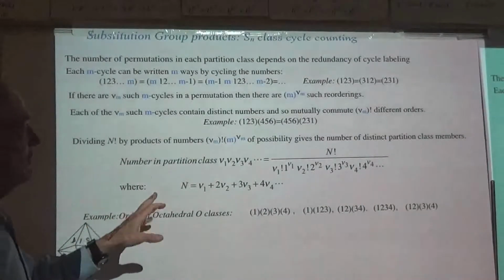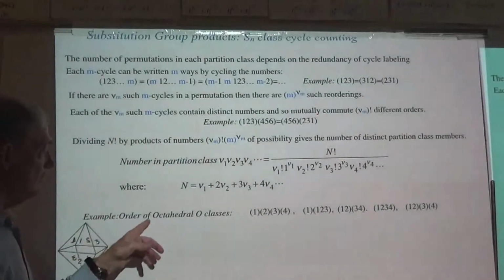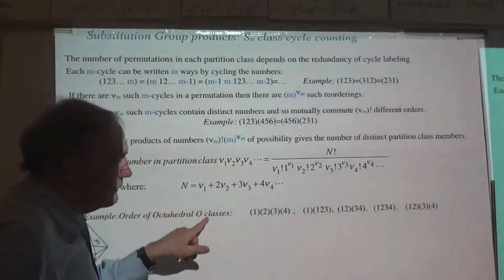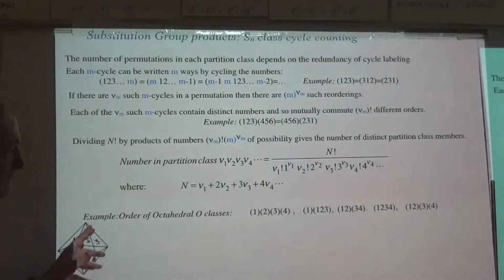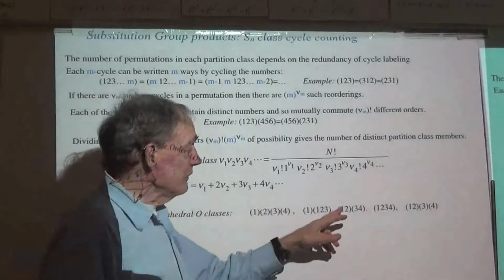So things start to get pretty big and complicated fairly quickly. But so far, we've only had to look at the details for octahedral symmetry. That's the most complicated symmetry that we've dealt with so far, and you remember it had 5 classes.